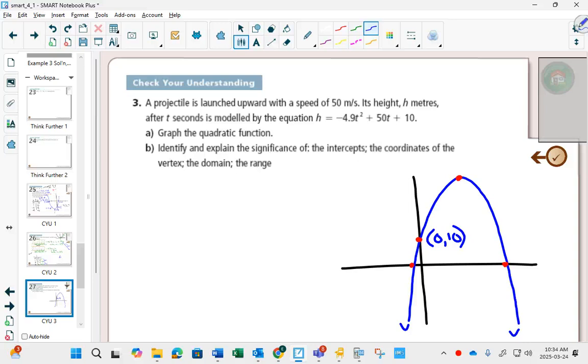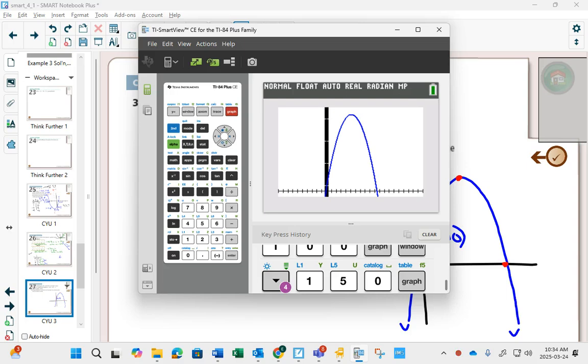But your graphing calculator can find these other points as well. So we're going to go through how we find those things and what they represent in this question. So go back to my calculator. If I want to calculate anything on a graph, it's always above the trace button. It says calculate.